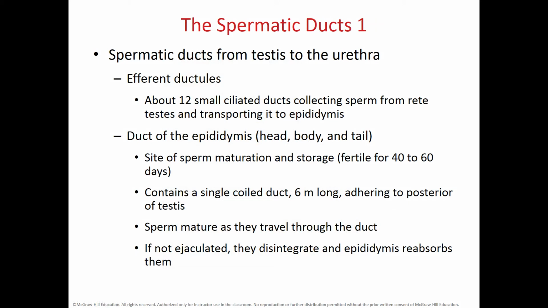So spermatic ducts run from the testis into the urethra, into the prostatic urethra. So these are efferent ductules that deliver this sperm from the epididymis into the ejaculatory duct.